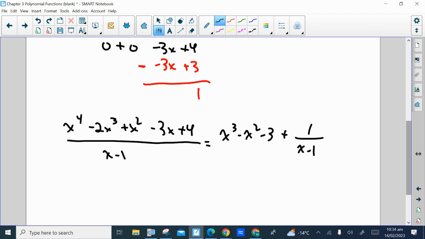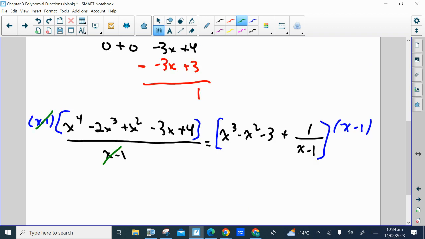So our check is done again by multiplying everything by x minus 1. Everything on the right by x minus 1. So on the left, the x minus 1s will cancel, and we're left with our original dividend. And we should get the same thing on the right when we multiply all this out.